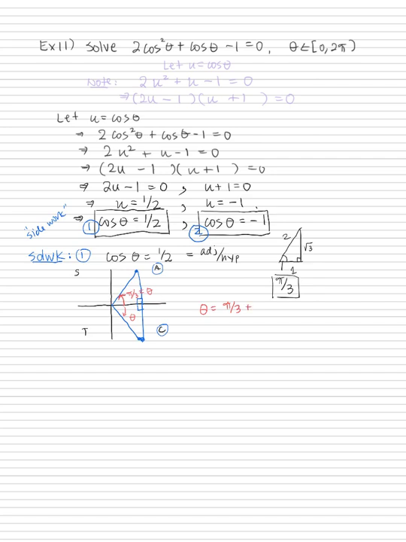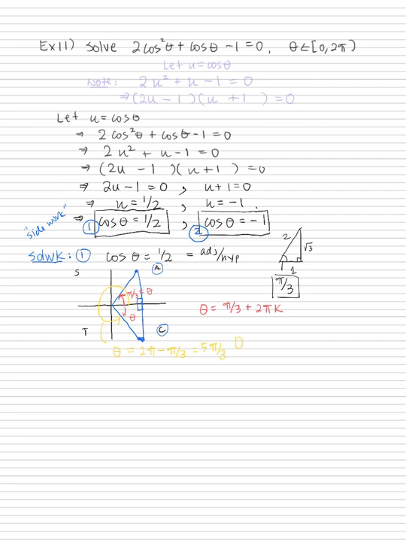And if you add multiples of 2 pi, you're going to end up at the same terminal point. So I'm just going to leave it like this. Then let's go with the other terminal point, which is over here. Our theta in this case will be 2 pi minus pi over 3, which is 5 pi over 3.